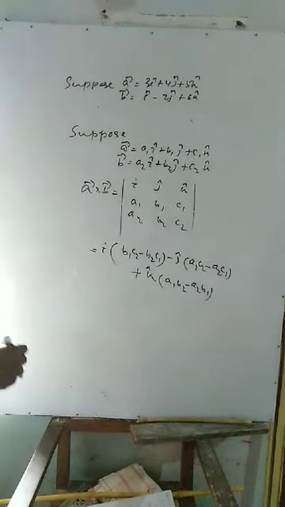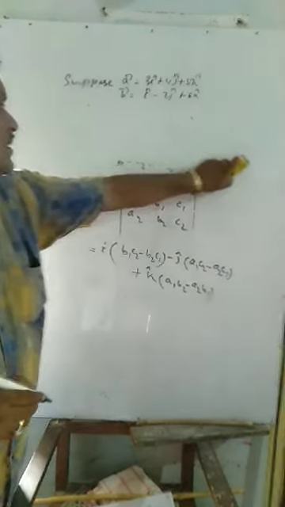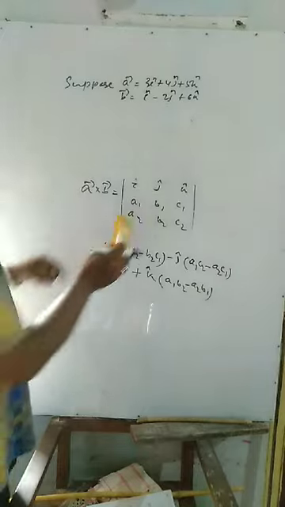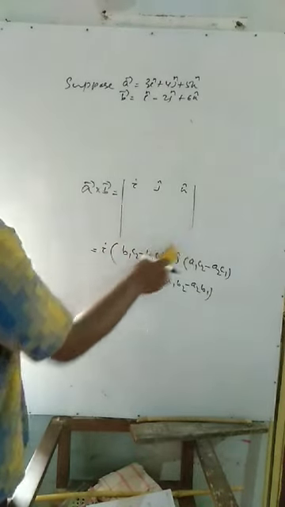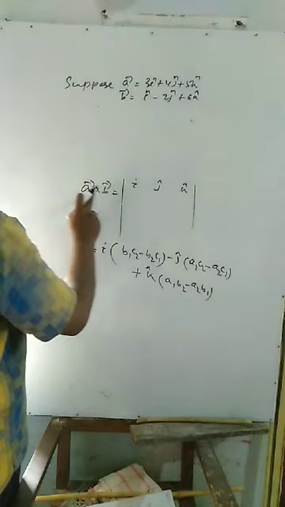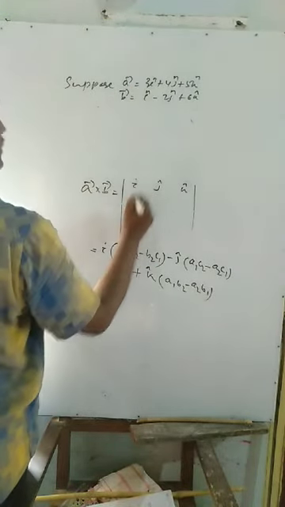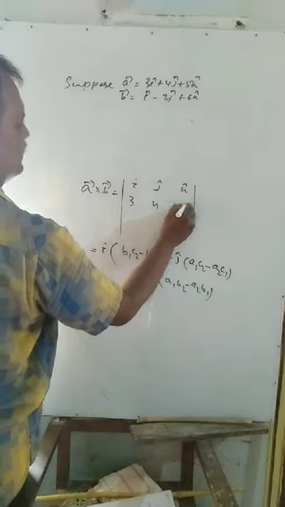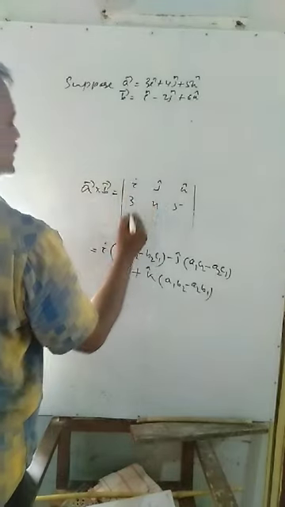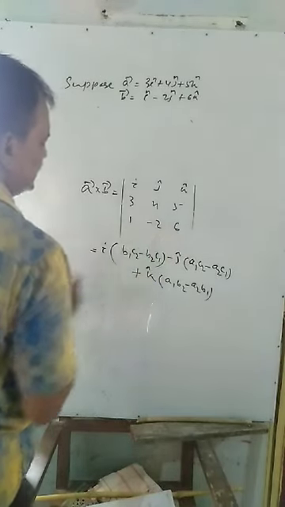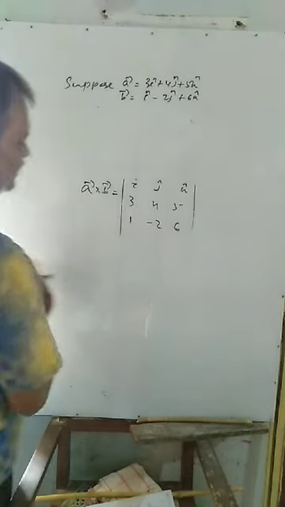Two vectors are given, and I apply the formula: instead of i cap, j cap, k cap, put 3 4 5 in the first row and 1 minus 2 6 in the second, and evaluate.